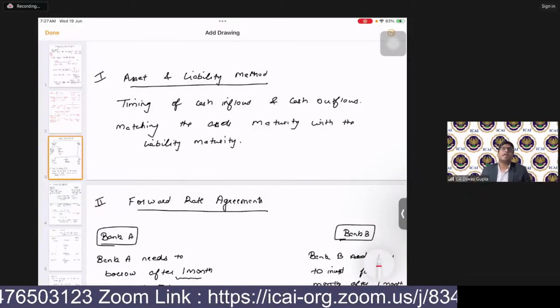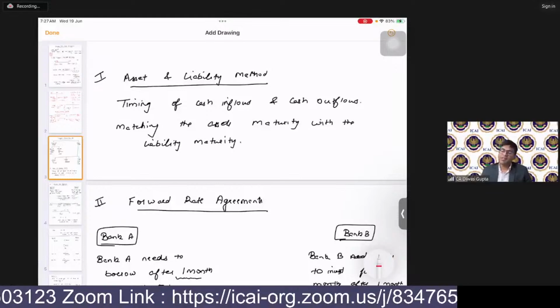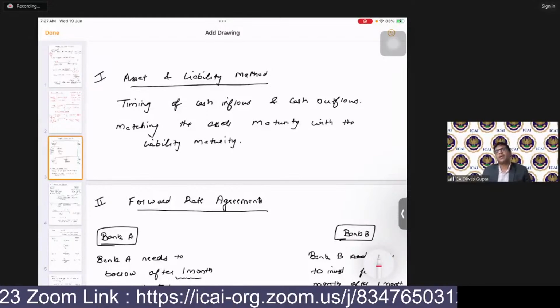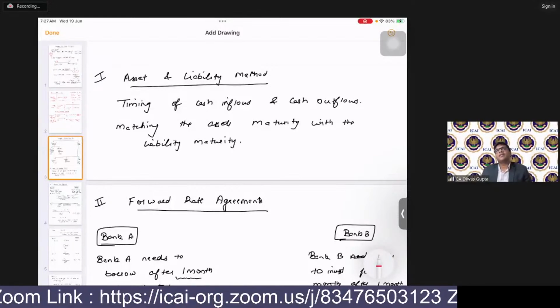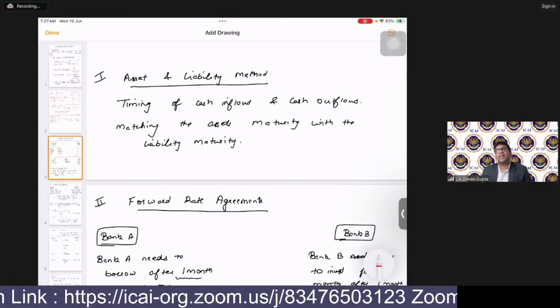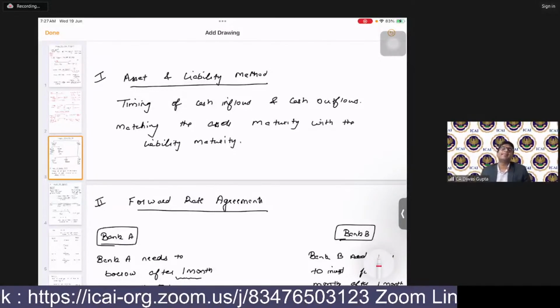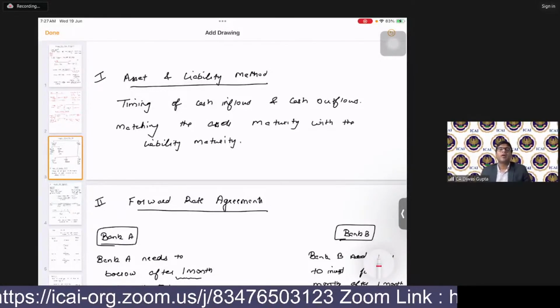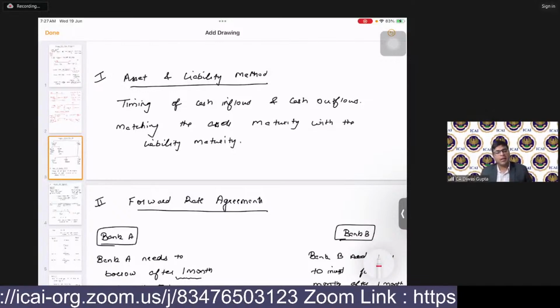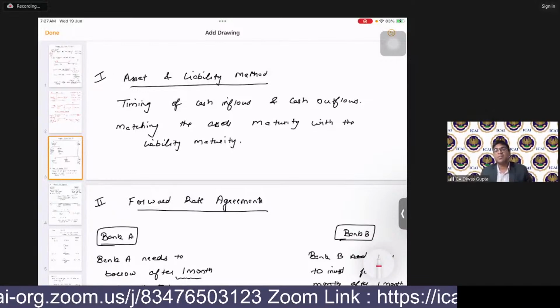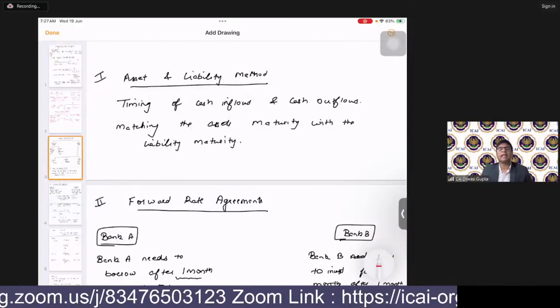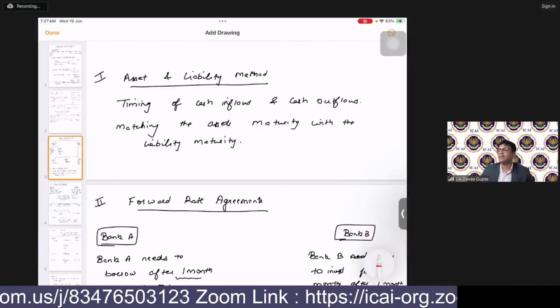And the major cash outflow would be in the form of the purchases that the company is doing. Now, if you see, the company's collection is coming in 90 days. So there is an agreement in place with the customer that the customer will pay the company in 90 days after the sales.